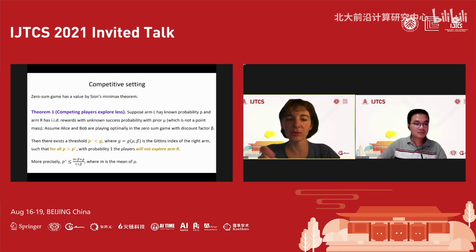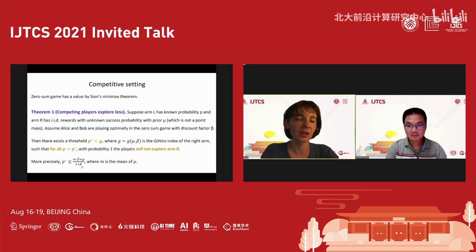So if we have a safe arm with probability of success P and a risky arm with a prior mu, then there is a range between P star and G, the Gittins index of the risky arm, where neither of the two players will play the risky arm even once, even though a single player playing optimally would. And this can also be quantified a bit. This P star will be less than (M beta plus G) over (1 plus beta), where M is the mean of mu.